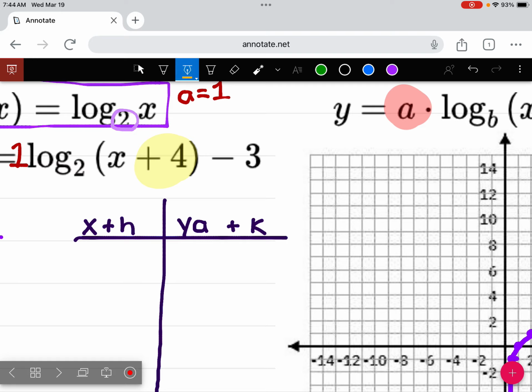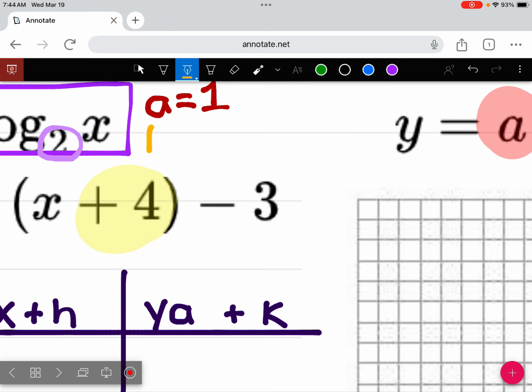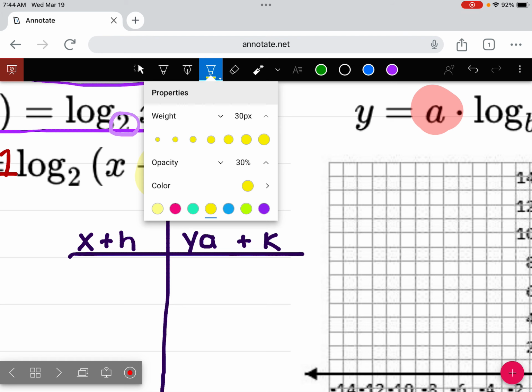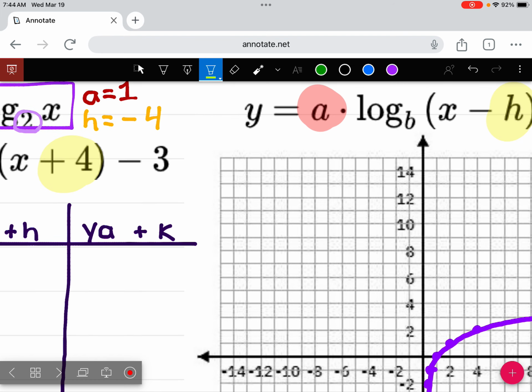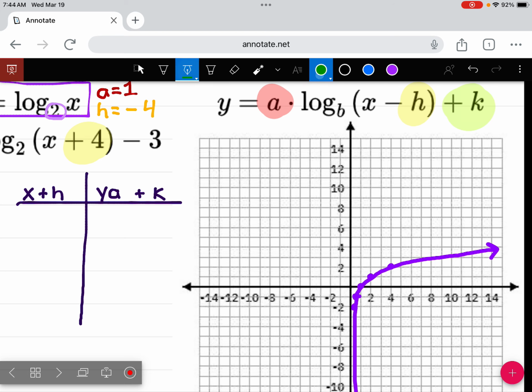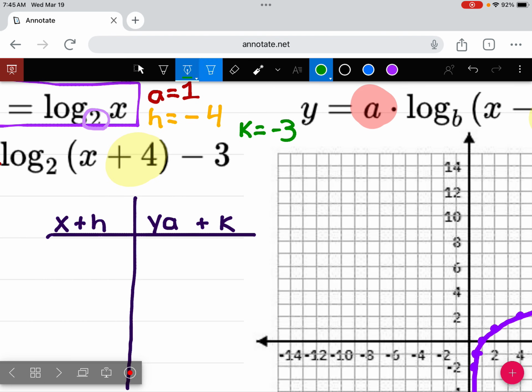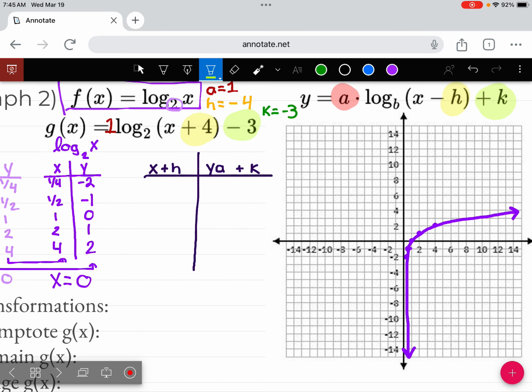Careful, careful, careful. -4, which means what direction do we expect this to move? Left 4. H does the hula, goes side to side. All right, and then what's our k for this one? Because our k is tacked on the end over here. So our k is going to be that -3, which means what do we expect to happen transformation-wise? Down 3. So that's this guy here.